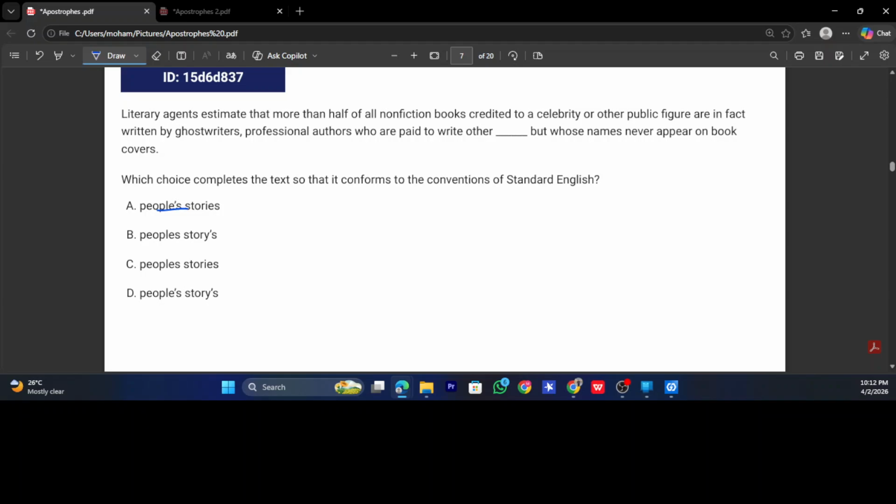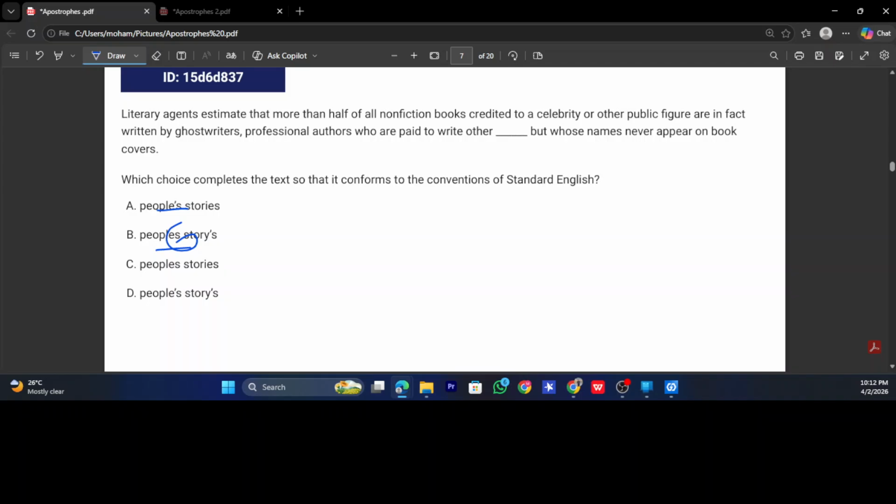B is incorrect because the plural possessive noun is needed, and the plural noun is stories, not the plural noun peoples. Here we do not need a plural noun.